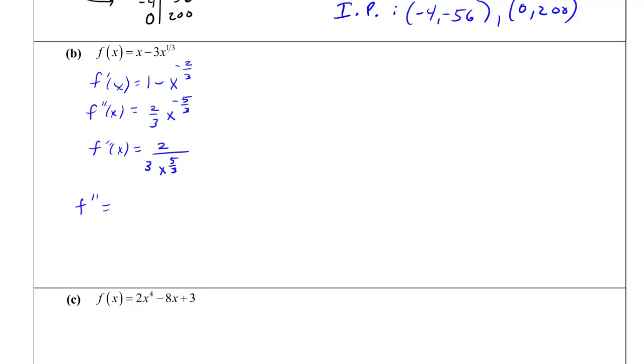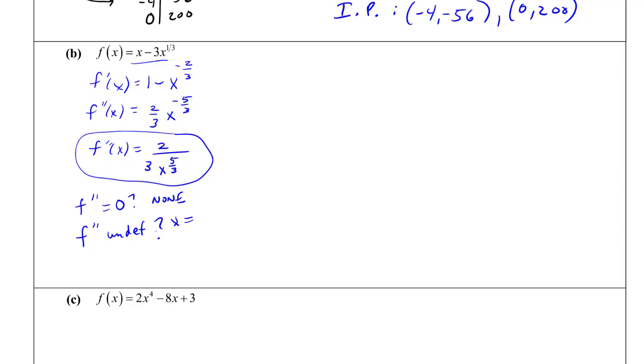Ask our usual questions. When is the second derivative 0? When is the second derivative undefined? 0. Well, it's never 0. Look at this second derivative. It has 2 in the numerator. So it can never be 0. But it is undefined at 0, and in particular, the original function was defined at 0.